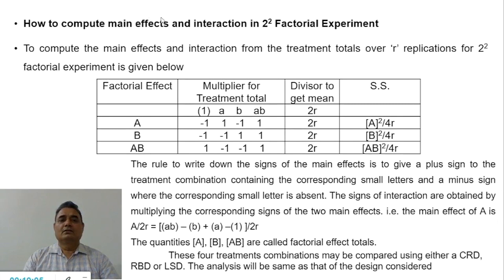Now, main effect and interaction effect in 2 raised to power 2 factorial and their sum of squares. So we will make a table, factorial effects A, B and AB.